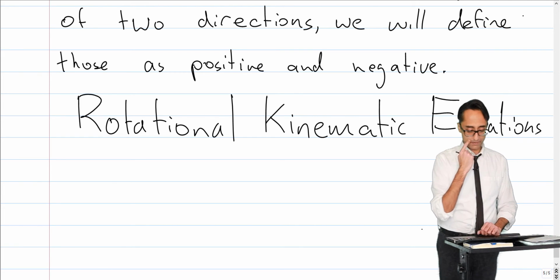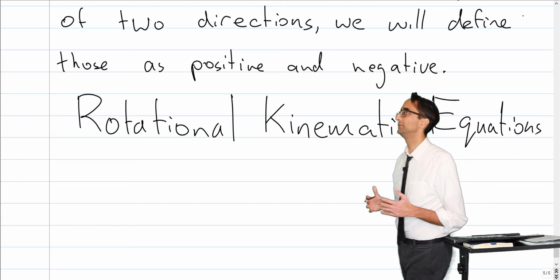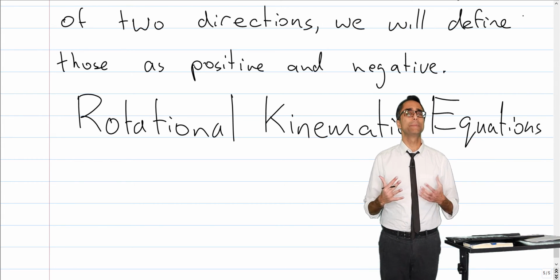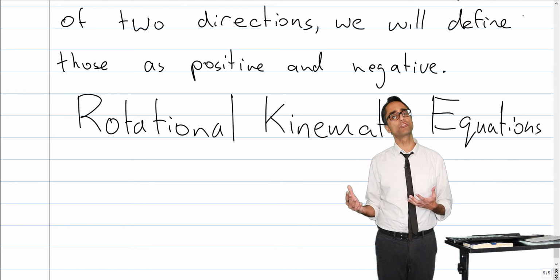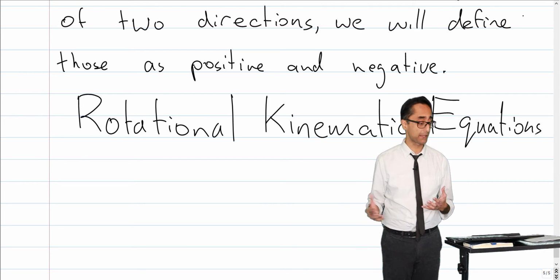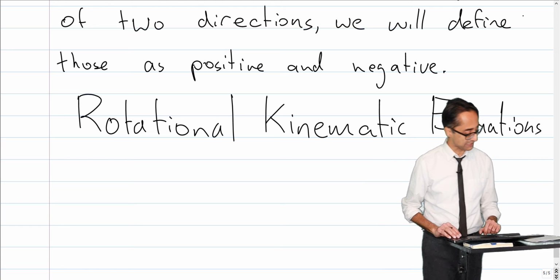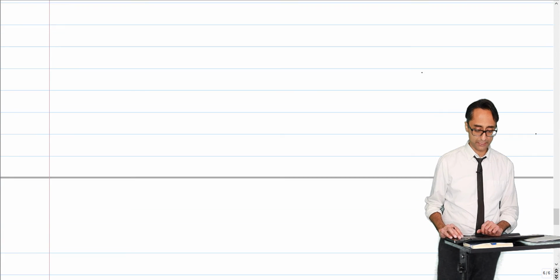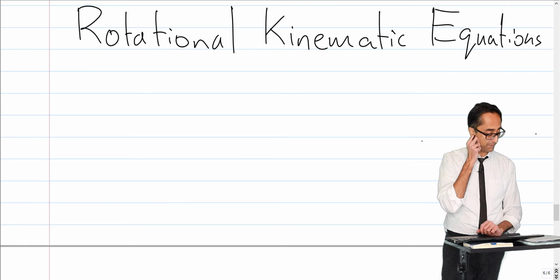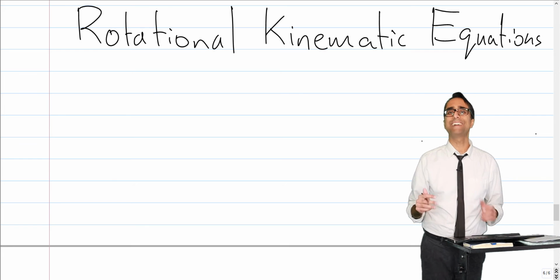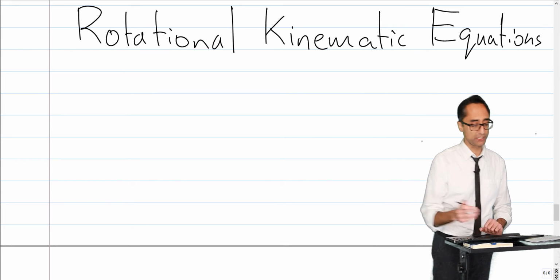And we're not going to derive the rotational kinematic equations because the method of derivation is exactly the same as what it was for the linear kinematic equations. And so what we can do instead is just introduce them. The rotational kinematic equations are going to be the following, but we're not going to use x initial and x final like we used to.